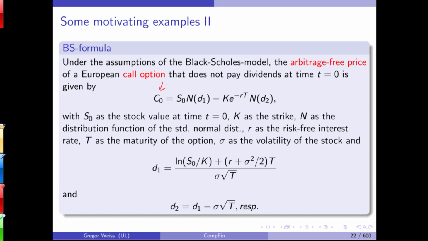And d1 and d2, if you know the model, you can see why they turn out with these expressions. This is the pricing formula.